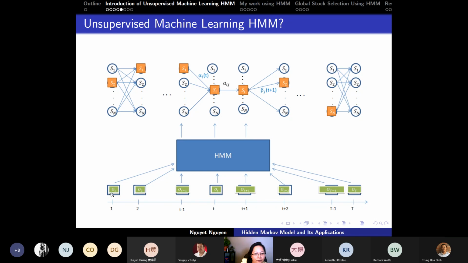So for example, O1 corresponds to S2, O2 to state S1, and something like this. So I have matched the observation O to the hidden state S. After I have this S and the transition matrix A and B, I can calculate the probability of observations in the future.